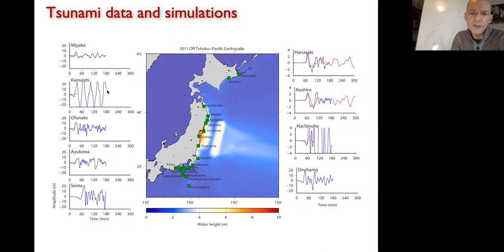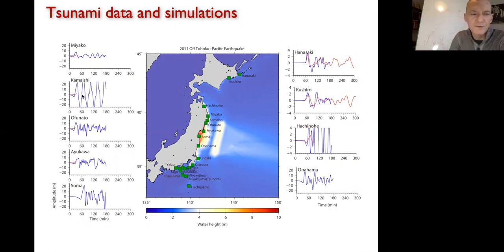But what you can appreciate here, that in some places here, for example, the Kamaishi region, and at the end I put a couple of slides about these two places here, Kamaishi and Miyako, you see different amplitudes, but large. Please notice this is 10 meters. Kamaishi is much larger, and there is a sort of a resonance there. Look at this very long period, pretty much monochromatic arrival that was here.